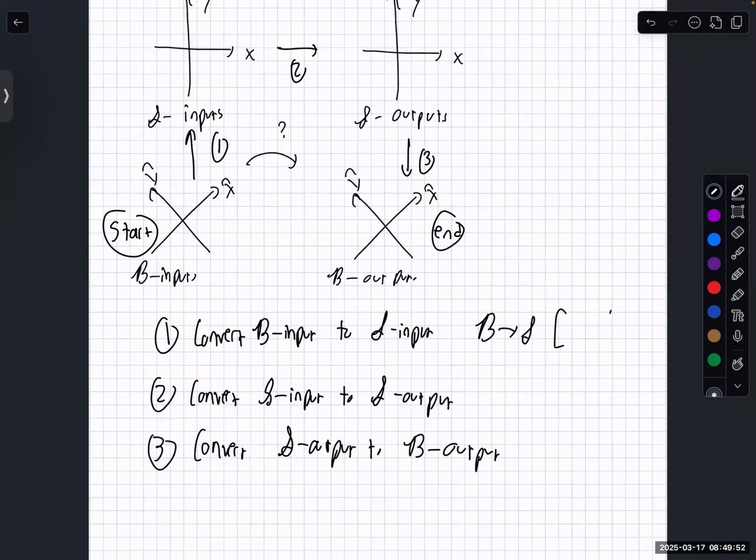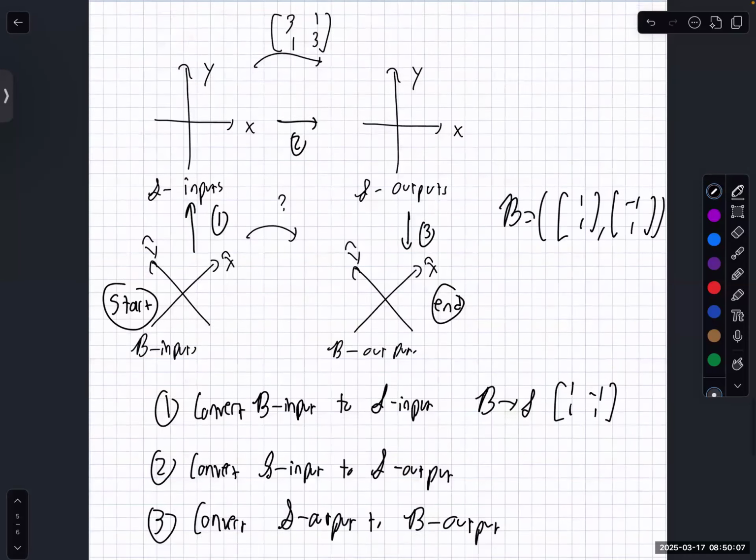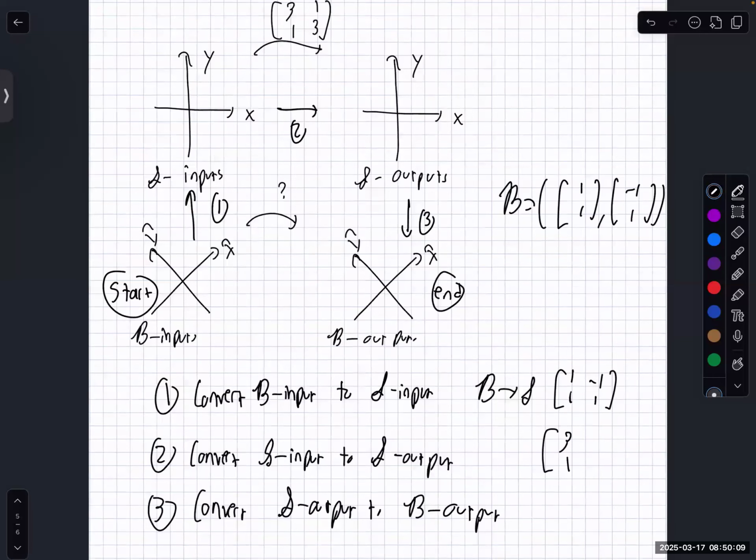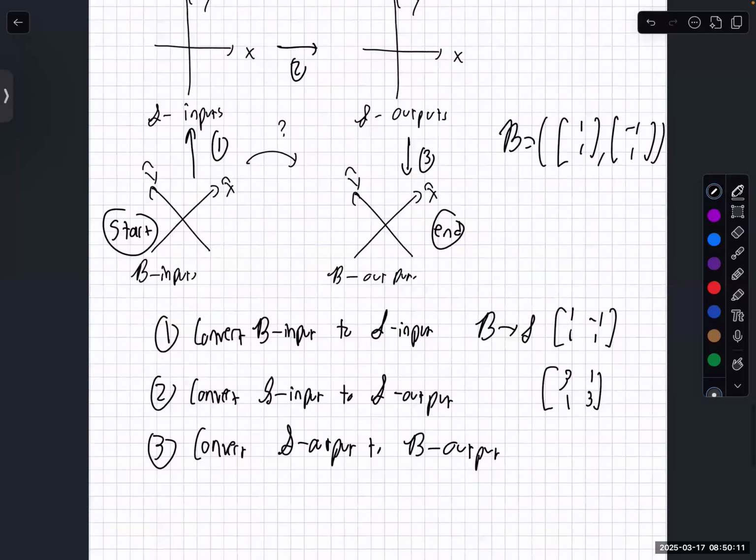And we talked about each step here. So B to S is just the, oh, remember, our B basis is this. Our S input to S output was given as the 3, 1, 1, 3 matrix. And then going the other way, S to B is the inverse, which is 1/2, -1/2, half, half.